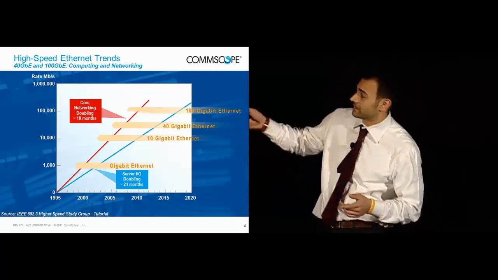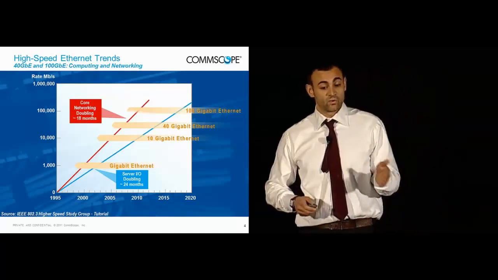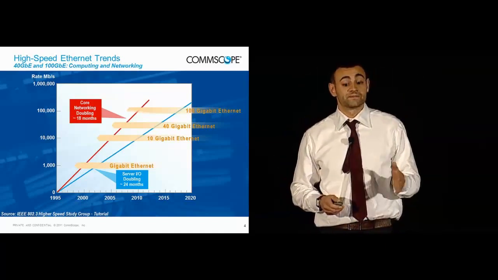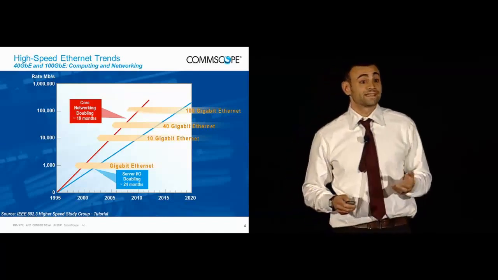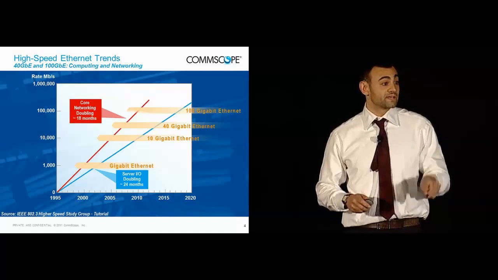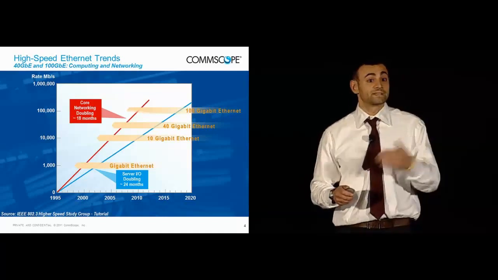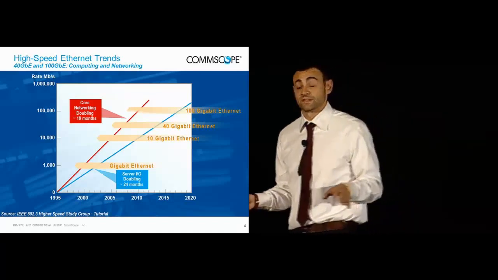This particular slide talks about gigabit Ethernet coming in the core and in the access 10 to 15 years ago. We've upgraded to 10 gigabit, and that was easy, right? 2 fibers, same connector, same patch cords. Just replace the transceivers. You go from 1 gig to 10 gig. Pretty much everything stays the same.